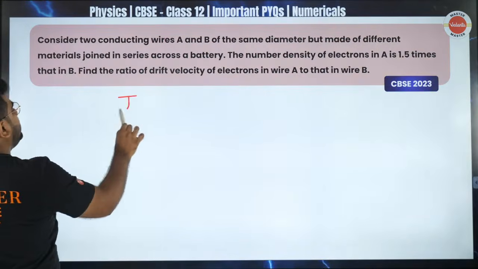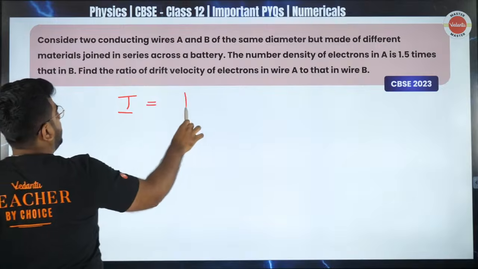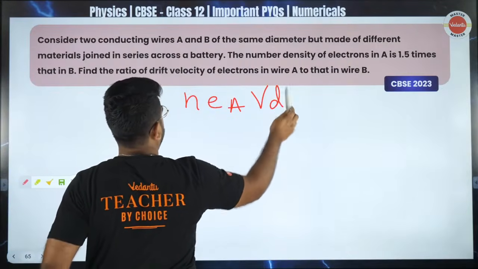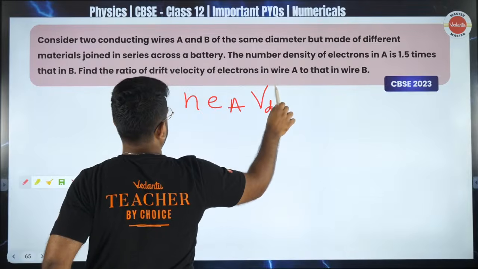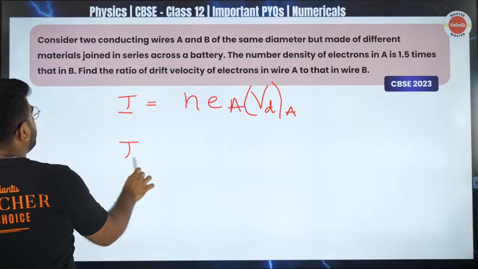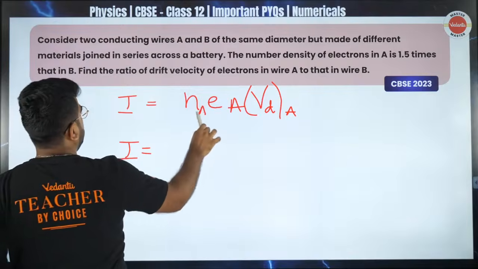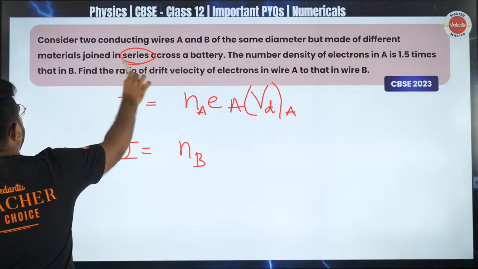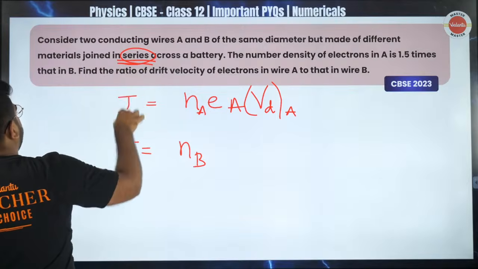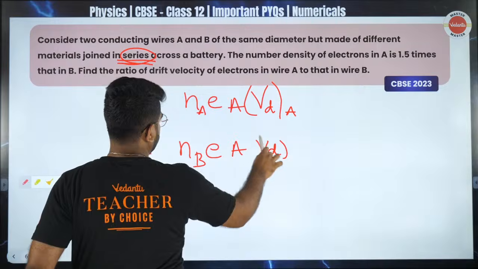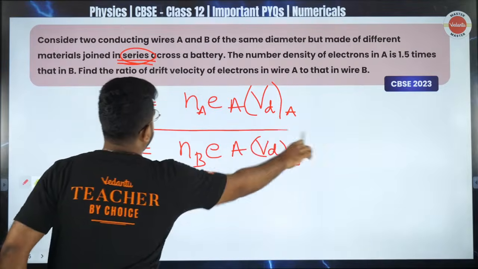So we know I is equal to N E A VD in the first wire. And the same current flows to the next one because they are joined in series. So because they are joined in series, same current. Now take the ratio.